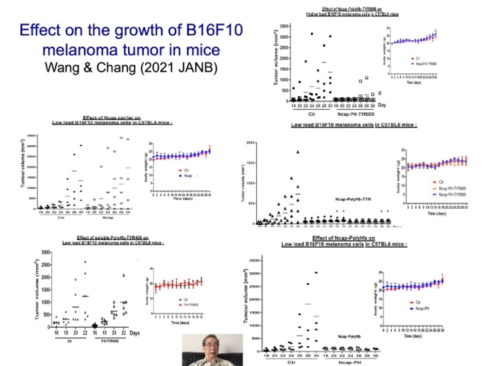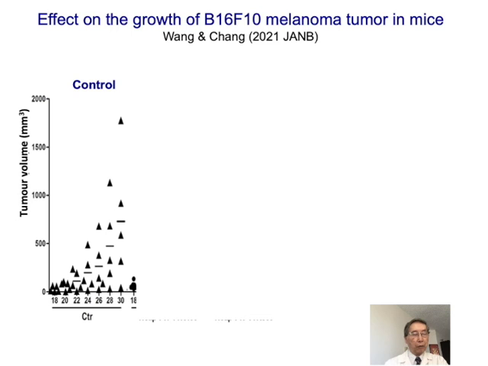We also study in very much detail the different components of the artificial cell in affecting the growth of melanoma tumor in mice. You are invited to look at the article, but let's look at a key result. Results shown here.